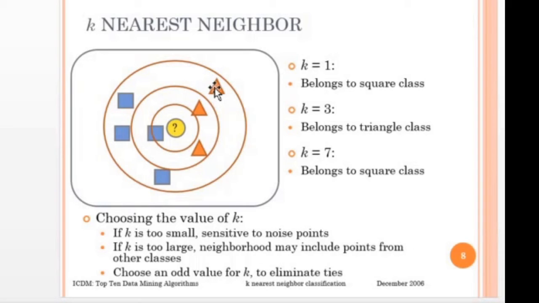What is the difference between this algorithm and the previous methods? The difference is that this is a non-parametric algorithm. And why am I saying that? Because you are not computing any parameters using the known examples as you were doing in the previous algorithm.